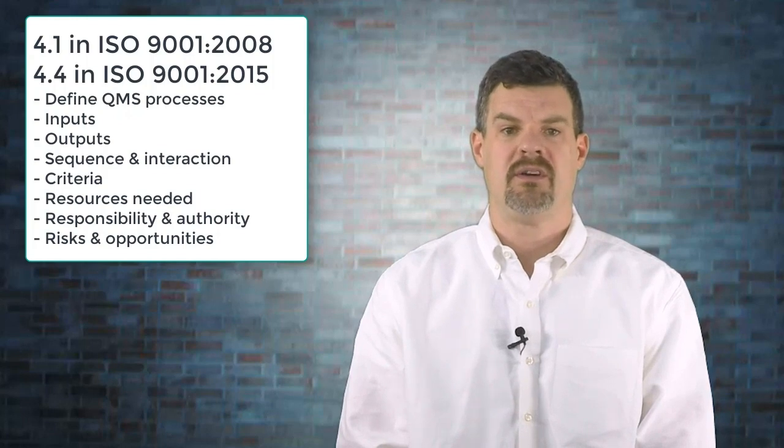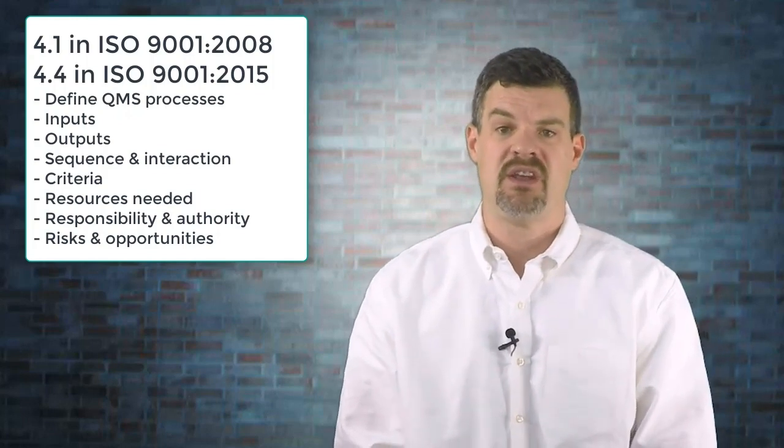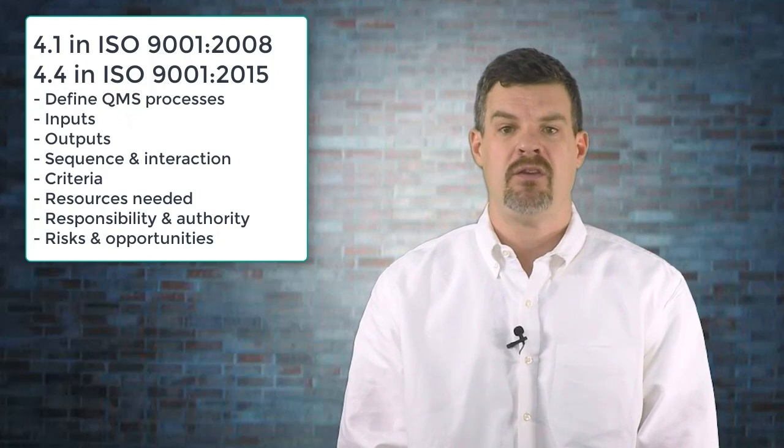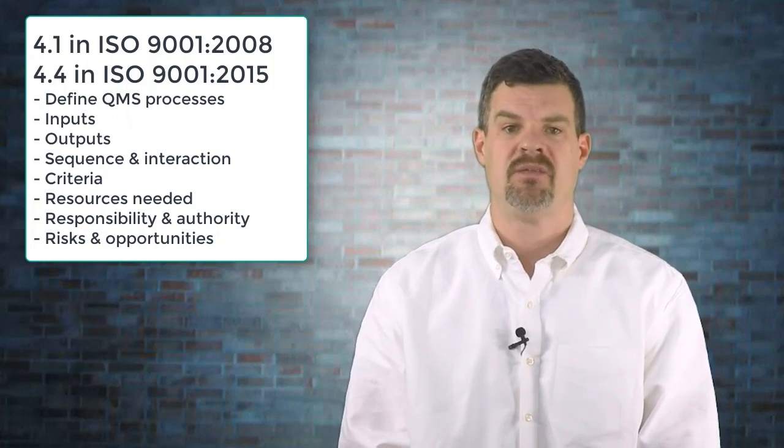All of those have requirements associated with defining your QMS, defining the processes, defining resources, metrics, so on and so forth. So in my opinion, the turtle diagram does a great job at helping companies manage those requirements.